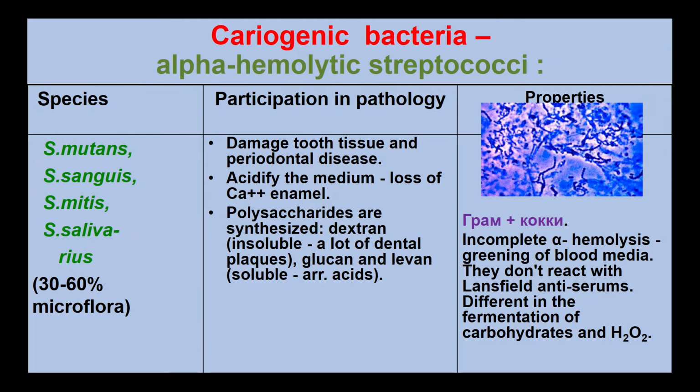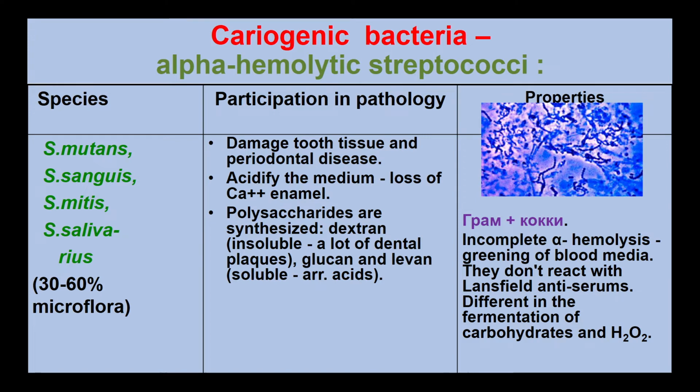Then, let's characterize these bacteria as the main cariogenic bacteria. It's alpha-hemolytic Streptococcus, gram-positive cocci arranged in chains. It causes incomplete alpha hemolysis, which means formation of a green zone on blood media, not a clear zone.